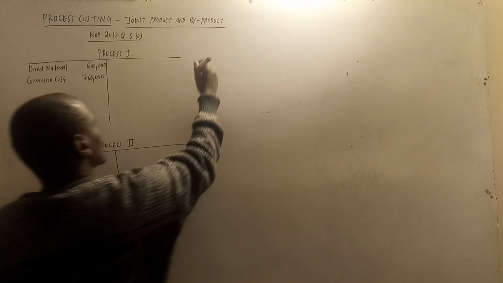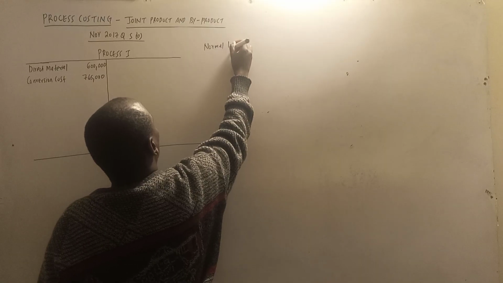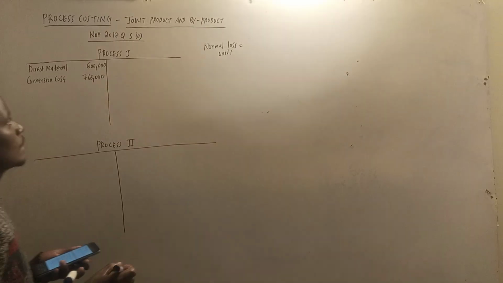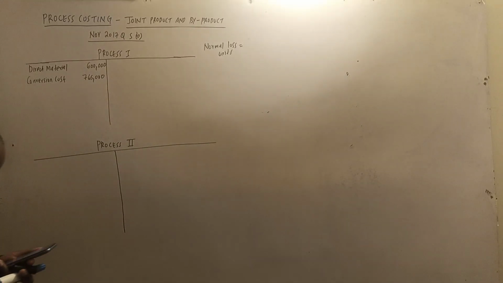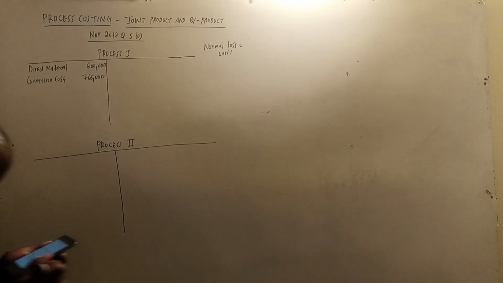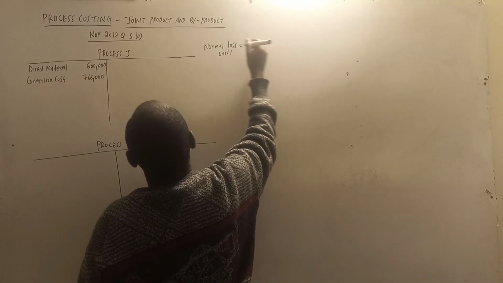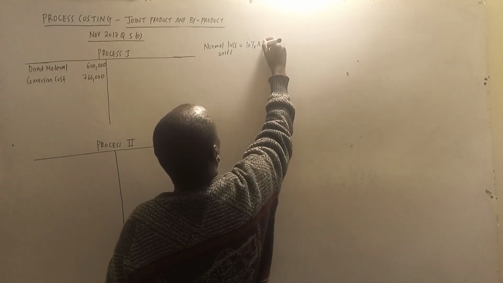Let us compute normal loss here. Normal loss units. Now normal loss information number 3, 10%. It is 10% of our units. Our units is 30,000.